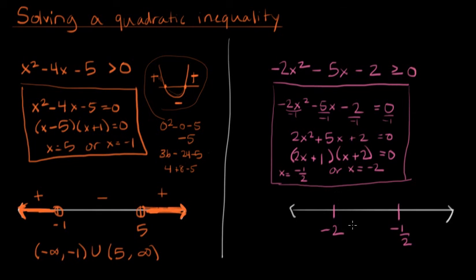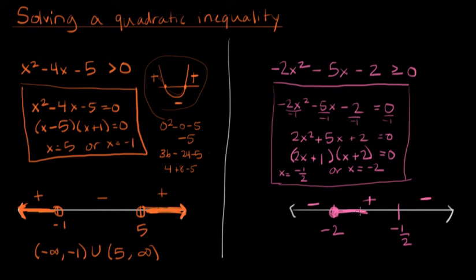Okay, so now let's go back to what it's actually asking us. So these were the places where it's equal to 0. The question is asking us for the places where this parabola is greater than or equal to 0. So this is a downward facing parabola, right? So it's kind of going like this. So it's going to be negative over here, positive over here, and negative over here. So then we are including the endpoints.